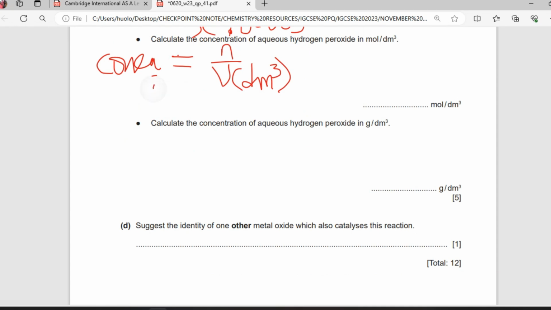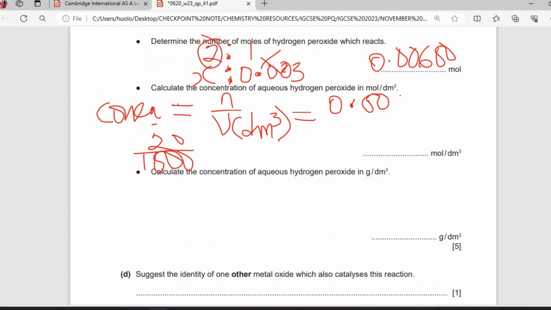That would be 20 over 1000, and that gives us 0.02. So n, we've calculated, is 0.006, over 0.02.